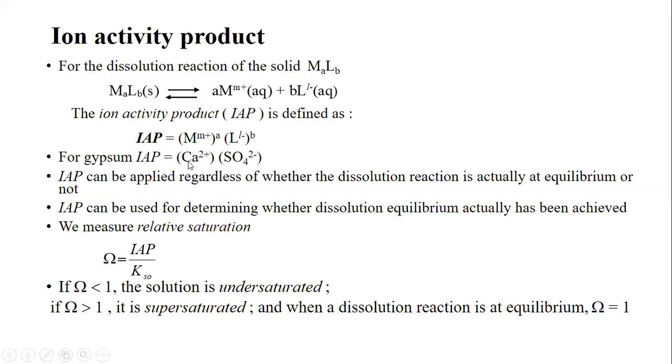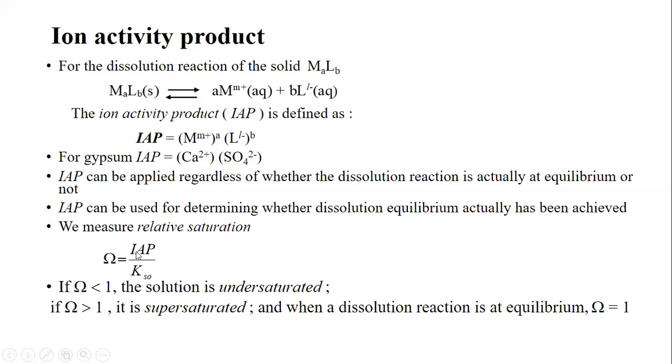You calculate CaSO4 from the analysis you do, divided by K_SO. This is a thermodynamic value, a known value from thermodynamics and chemistry books. This is an available value, the known exact K for that particular compound. So IAP is for the solution we have.